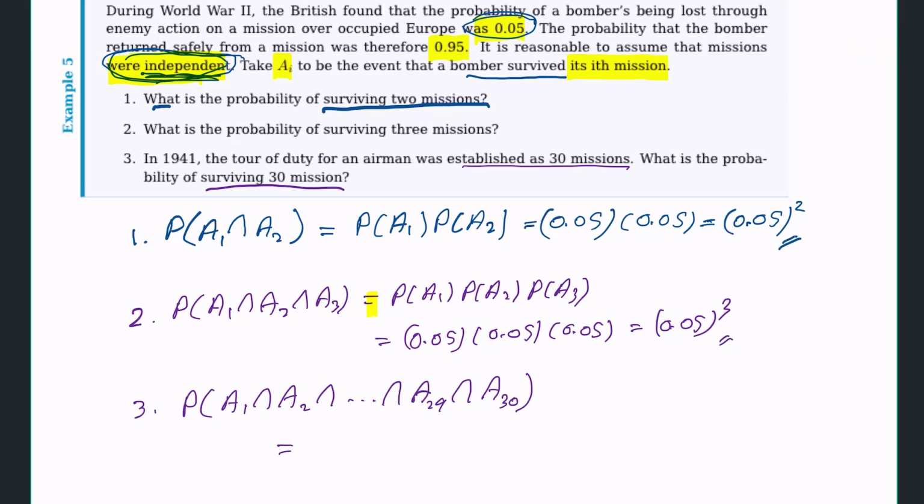Then you can write this, because of independence, as probability of A1 times probability of A2 and so on, up to probability of A29 times probability of A30. You just multiply. Then 0.95 times 0.95, like that, how many times? 30.